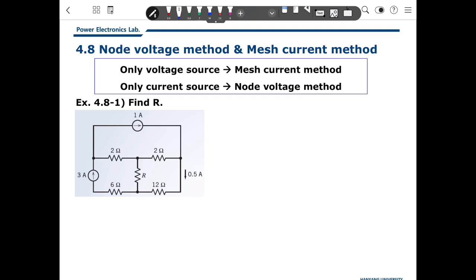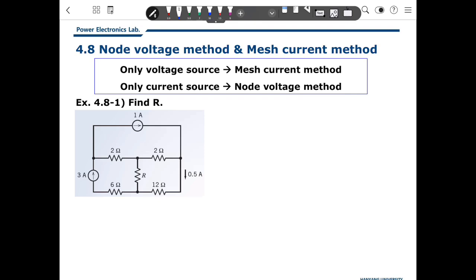That's our only unique law we have to use to analyze the electric circuit. But if the circuit is complicated, it is very difficult to analyze.